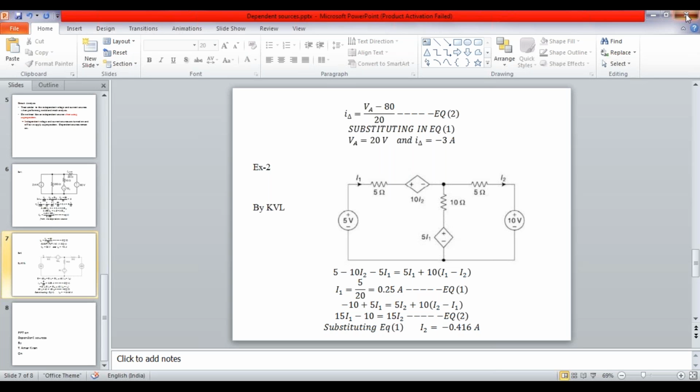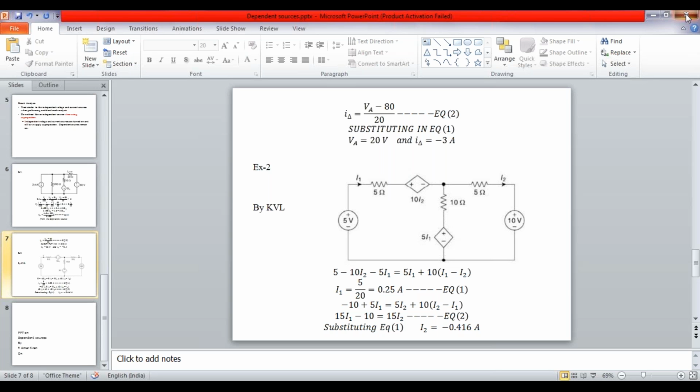The third dependent source is also a positive value, so it is also minus 5I1. So the total KVL equation for the first loop is: 5 minus 10I2 minus 5I1 is equal to the passive elements 5 into I1 plus 10 into (I1 minus I2). Now simplifying this equation, we can get this one.